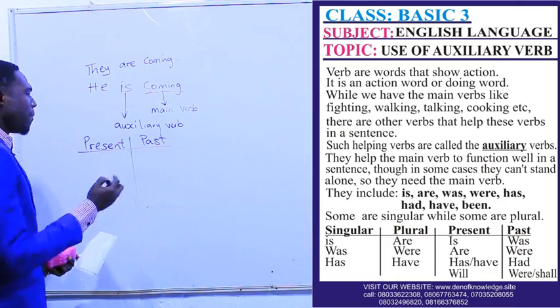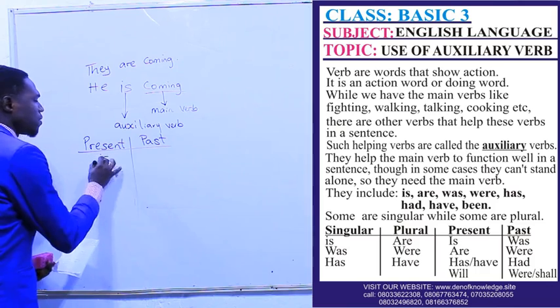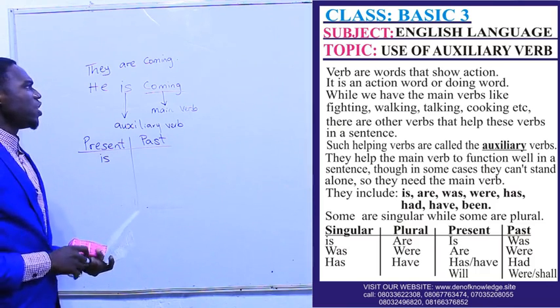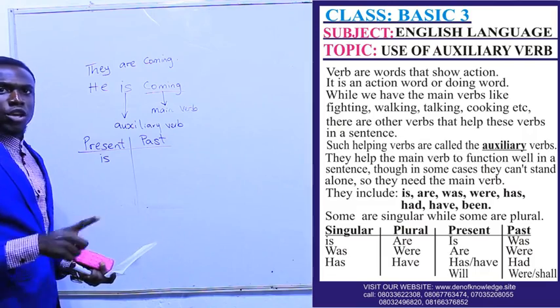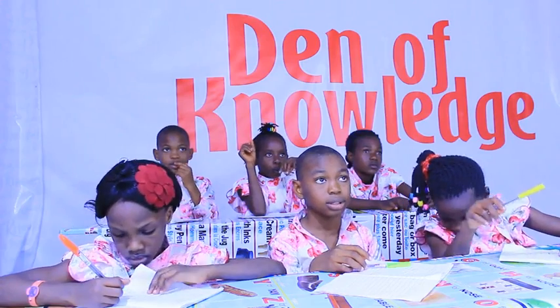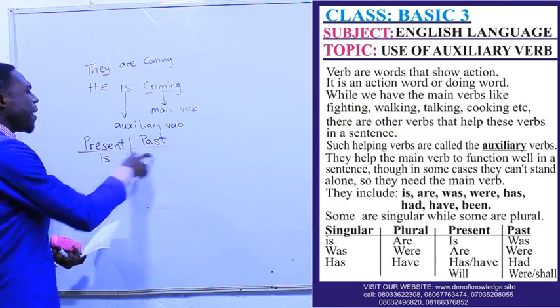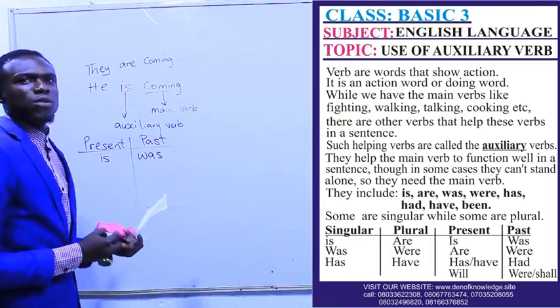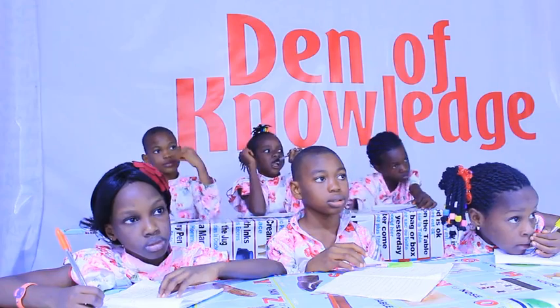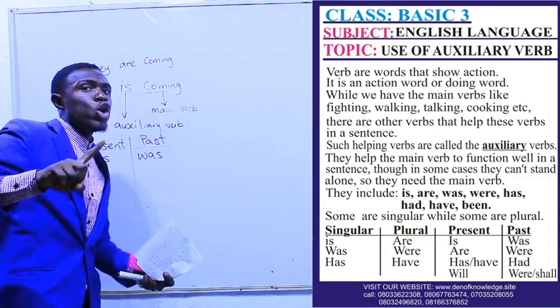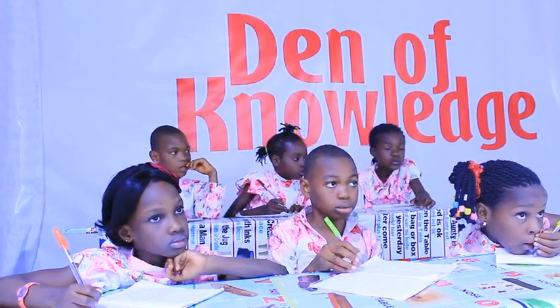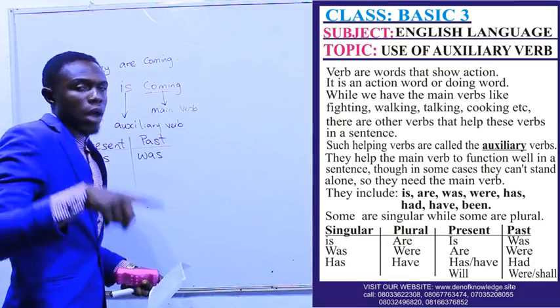Example, remember, in present, is. Like when we said he is coming. He is coming is present. Then the past of is becomes what? Was. That's why you say he was coming. He was past.